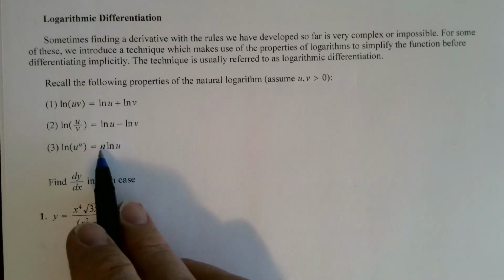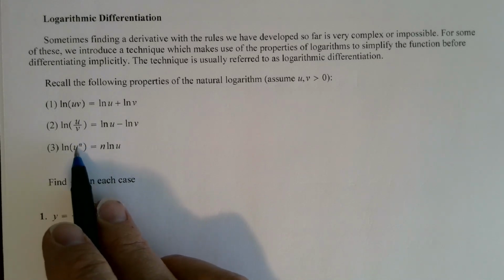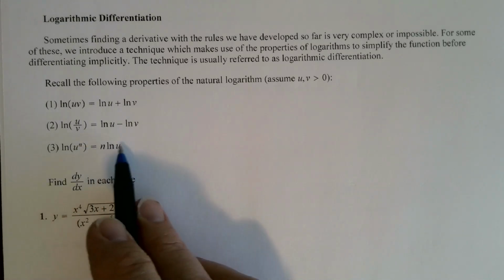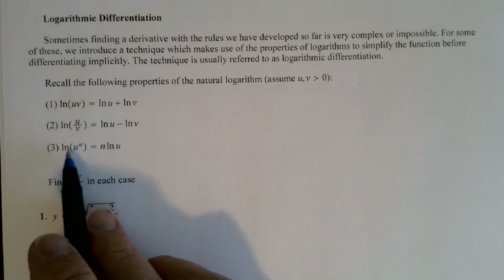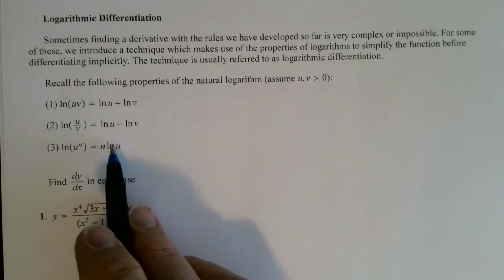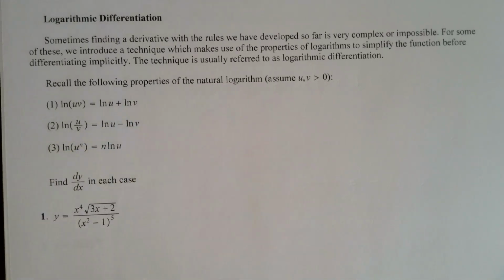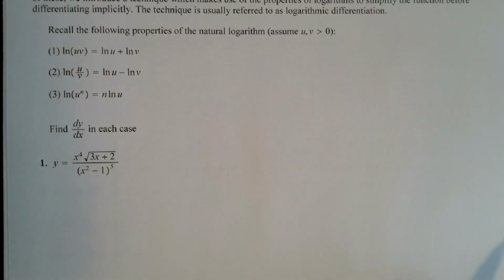We multiply, right? So I'm raising u to the n, so I'm going to do n times the exponent on u, which is the natural log of u. N times natural log of u. The way we remember this rule is that the n comes down in front. It brings it down. Okay, so these are the properties you should remember from pre-calculus.